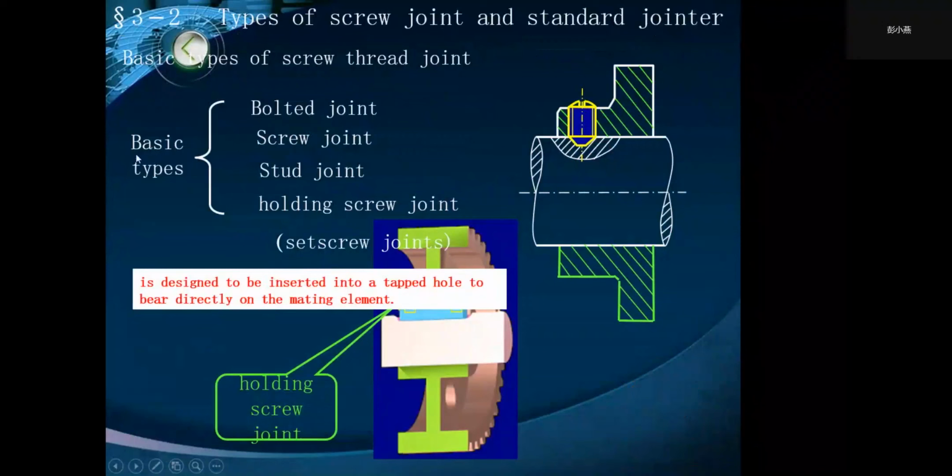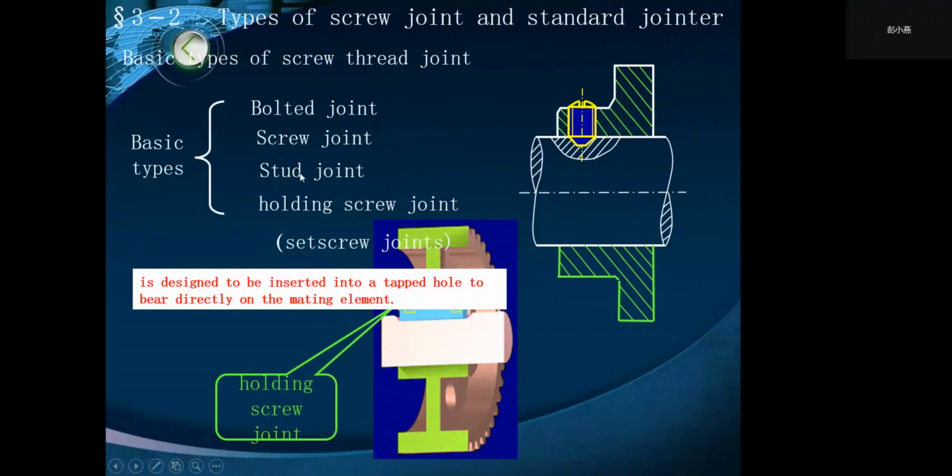So, there are these types of joints. The bolted joint can be applied to join relatively thin members by using several holes, and the screw joint and stud joint are applied when one of the jointed components is too thick to drill a hole, but the screw joint cannot be disassembled frequently.